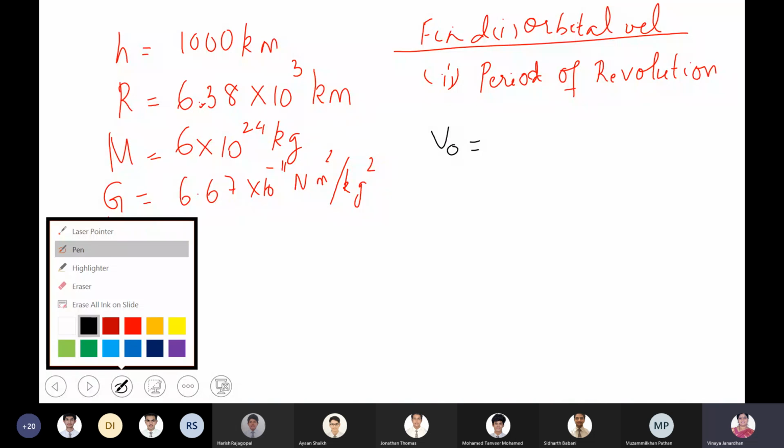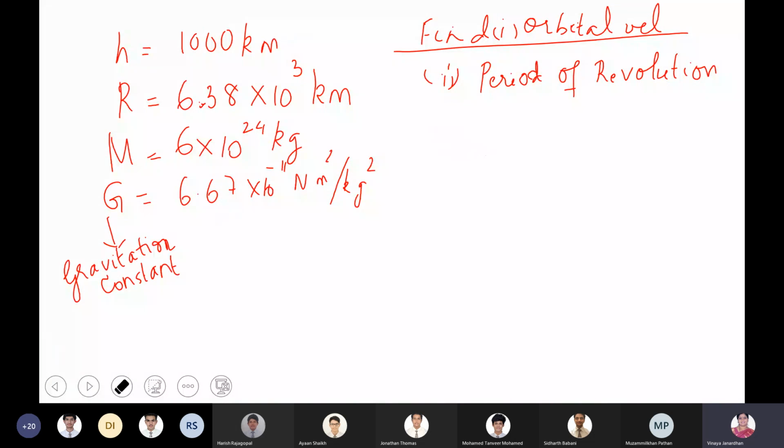Since you cannot neglect height, V is equal to root of GM by R plus H. Yes, ma'am.